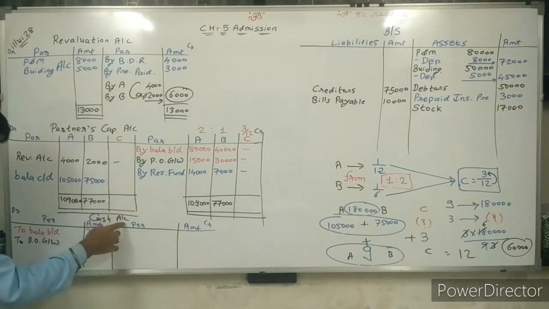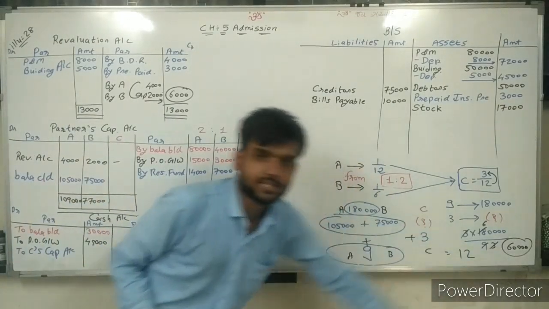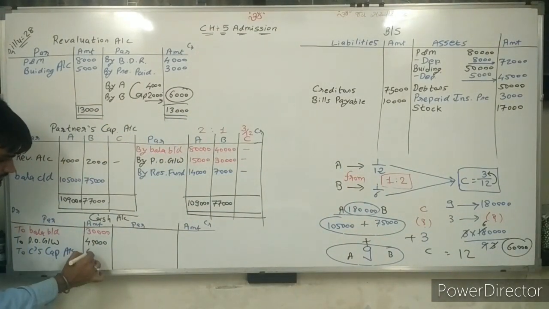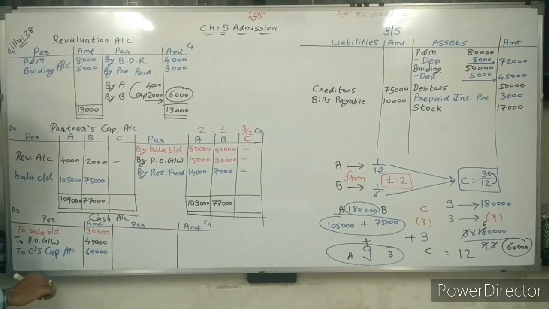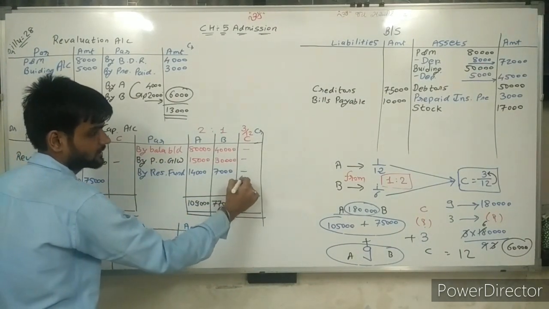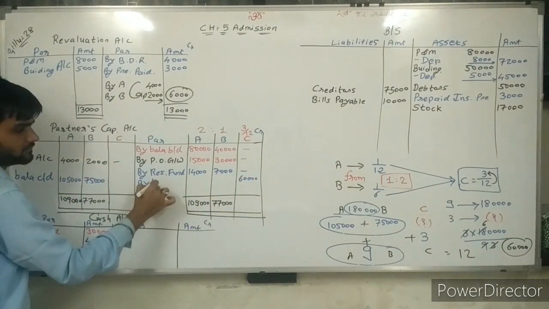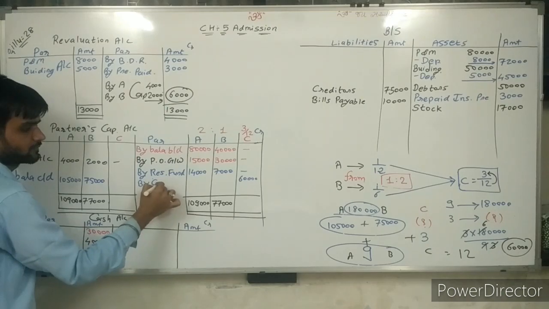So cash account debit side, to C's capital account, amount is 60,000 rupees. Now C's capital is credited, so write down on the credit side of C, by cash account.